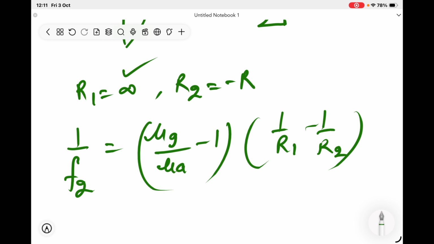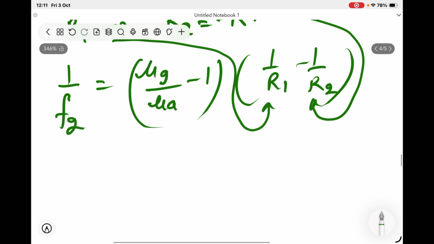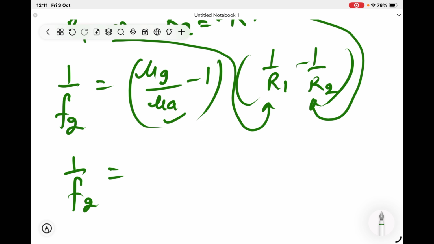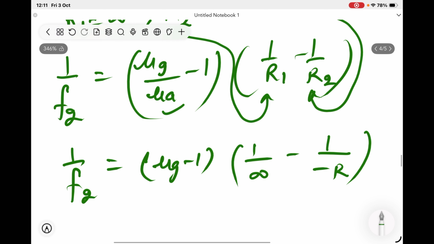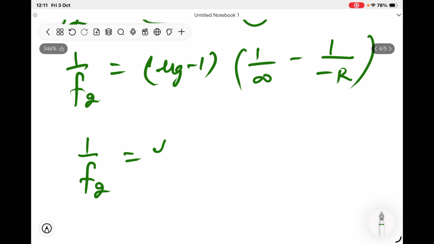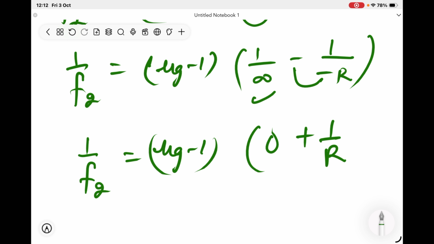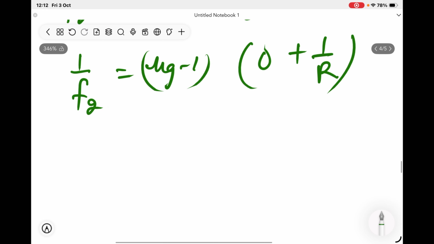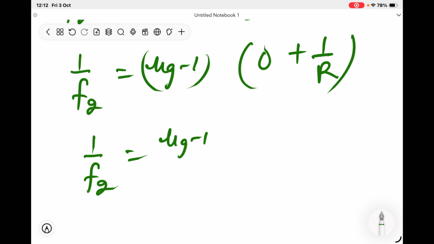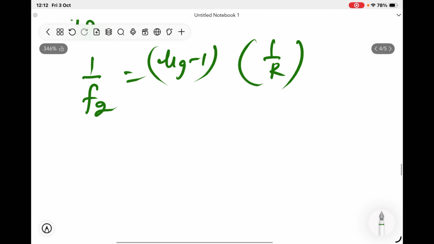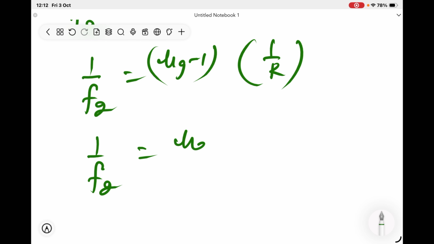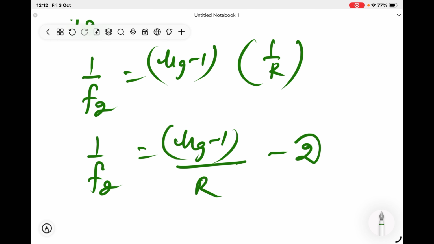R1 is infinity here and R2 is minus R. So 1 by F2 equals mu G minus 1, into 1 by infinity minus 1 by minus R. 1 by infinity is 0 and minus minus is plus 1 by R. So 1 by F2 equals mu G minus 1 upon R. This is my equation number 2.